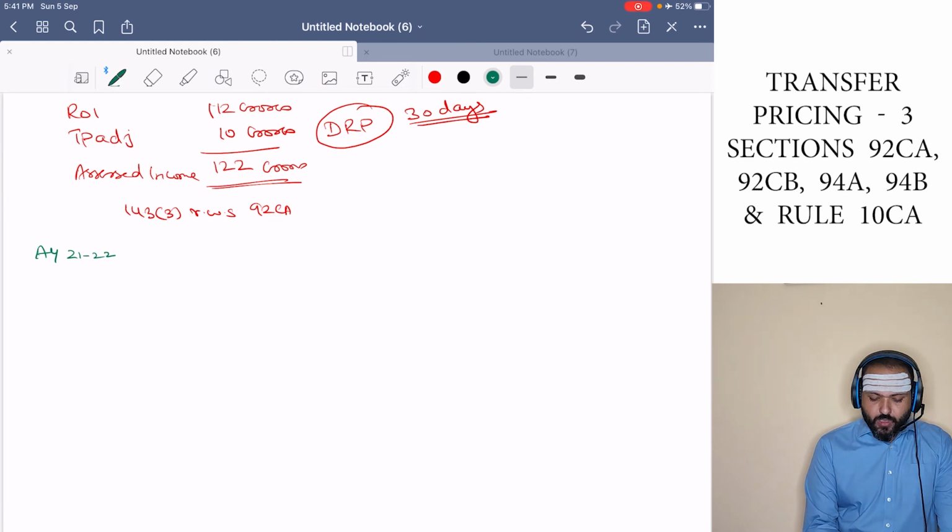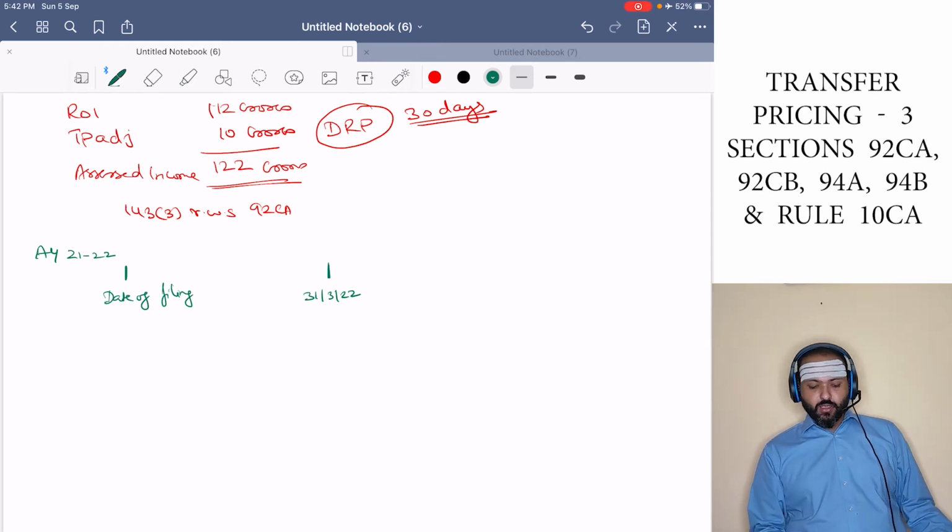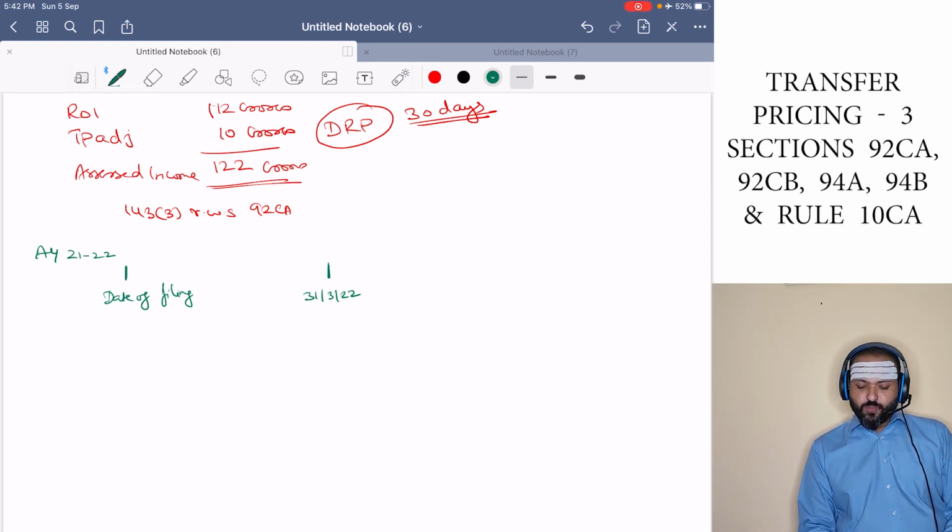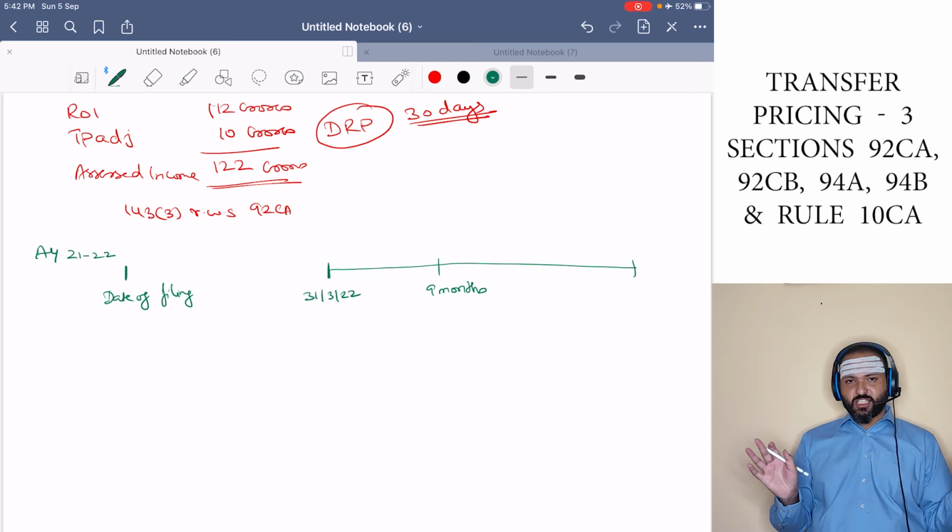I would have filed the return of income on this date of filing, and this is 31st March 22, the end of the assessment year. From this period I have 9 months to complete the assessment.